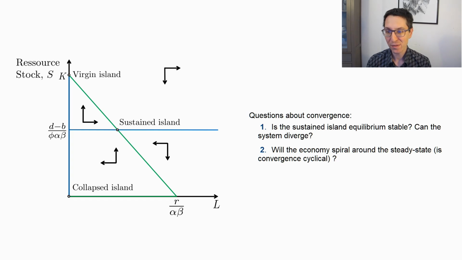So what we have to do is actually take a first order approximation of S dot and L dot, so the dynamic of the stock of nature and the population around the sustained island. First order approximation means that we take the first derivative of each of them with respect to all the variables. So it gives us what we call a Jacobian matrix of the system.